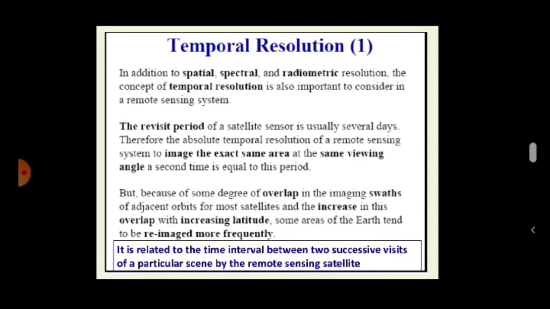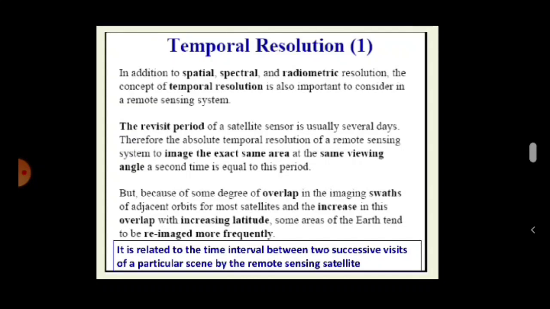So 16 days of temporal resolution is defined in the Landsat satellite system. So it means its satellite repeatability, or it goes through the same area every 16 days.